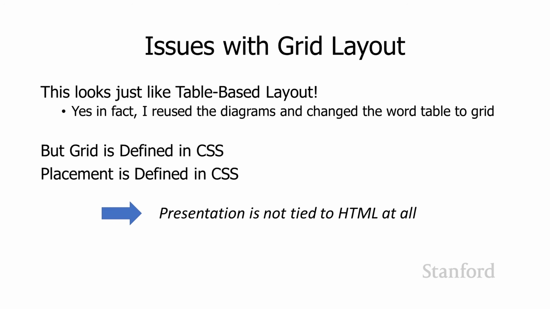So this gives us complete flexibility to reorder and redesign and modify using just the cascading style sheets with no changes to the HTML at all. So I think this is just a huge win.